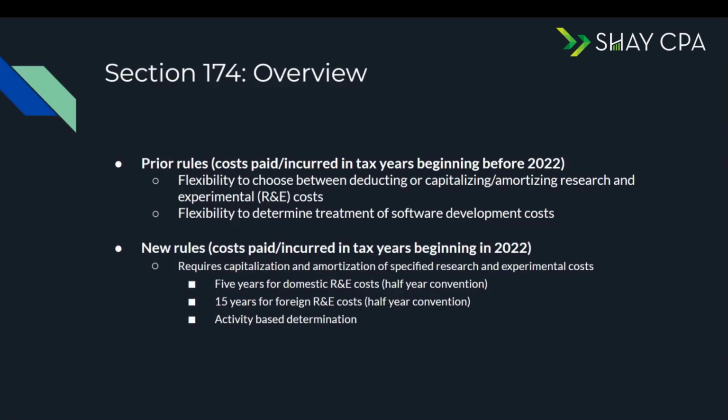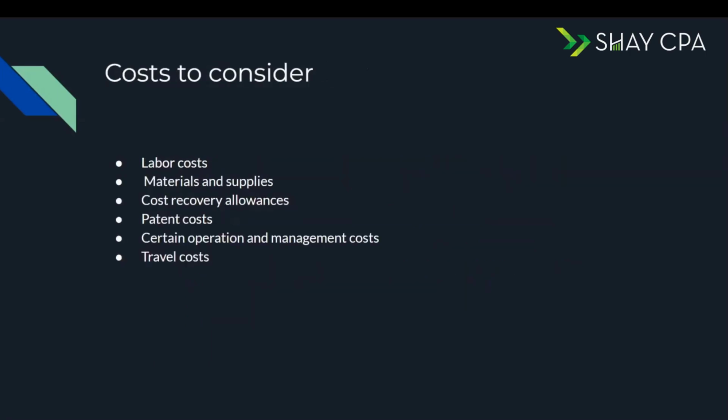Some of you might be thinking, why are we talking about this? What can we consider when thinking about what costs should be factored in for Section 174? This is not a full list, but just an example of certain costs that companies can consider when thinking about Section 174 costs that may need to be capitalized.